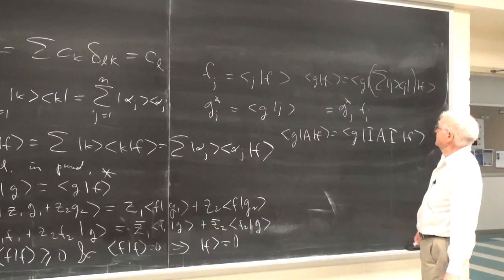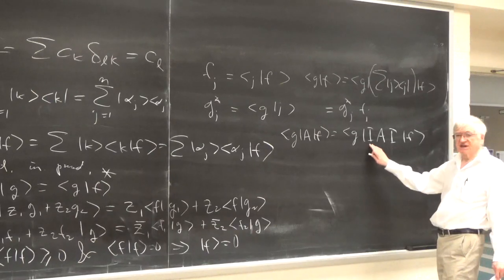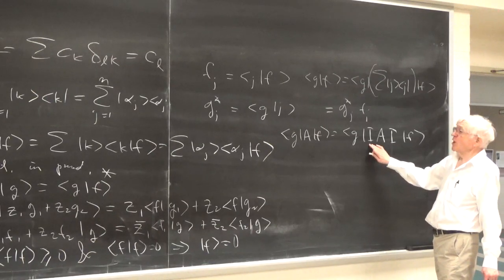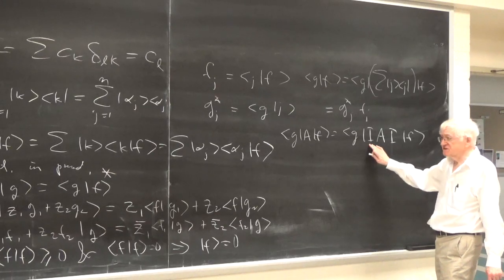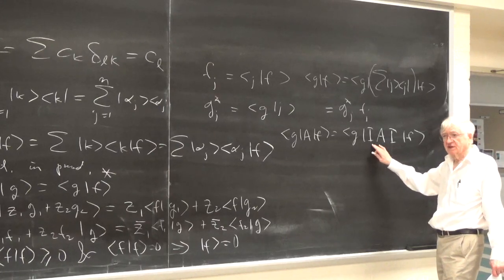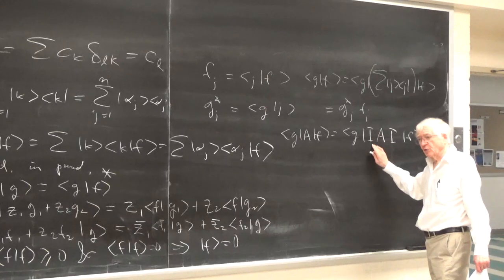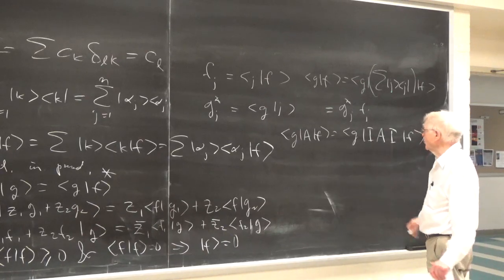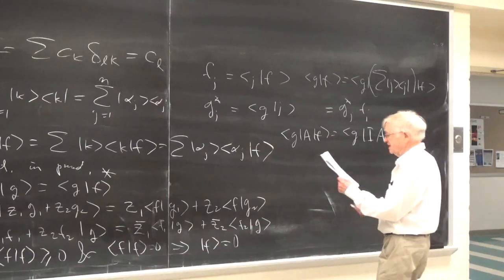So it's very useful to just stick in identity operators, and you write the identity operator as a sum of outer products of the vectors of an orthonormal basis.